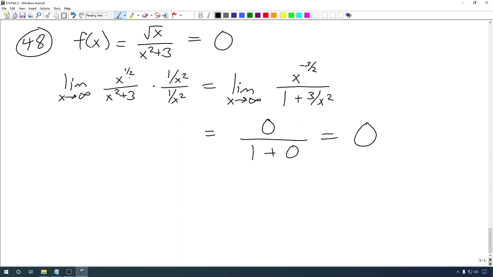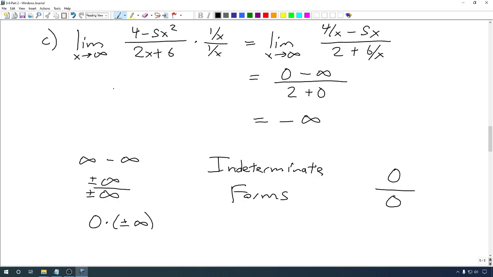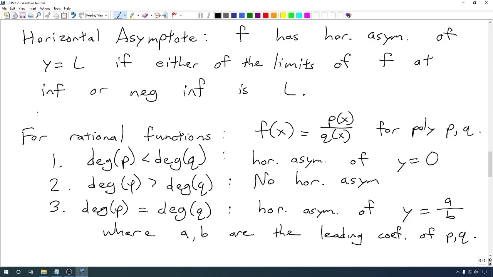Essentially what we're comparing is our powers of x still. The power of x on the bottom is bigger. Our biggest power of x on the bottom is bigger than the biggest power of x on the top. 2 is bigger than 1/2. And so our rule for rational functions is still kind of holding true, even if we're not dealing with a rational function.